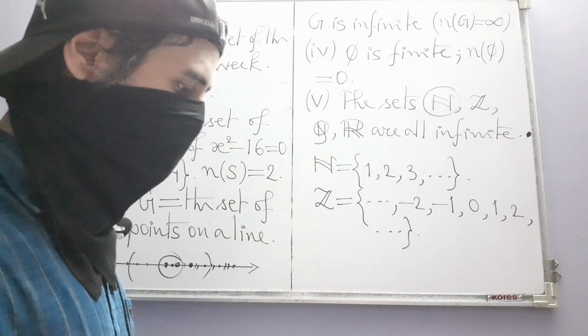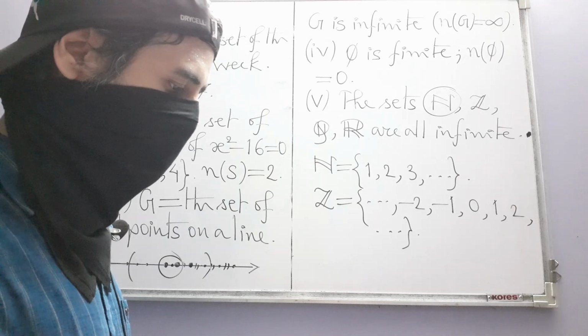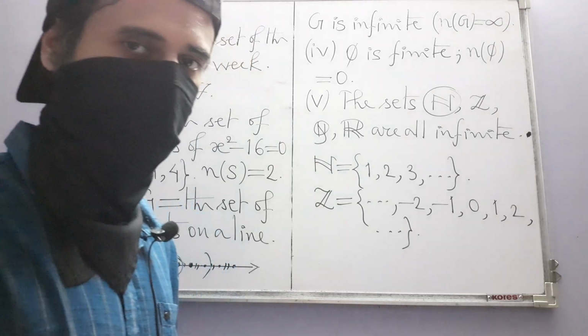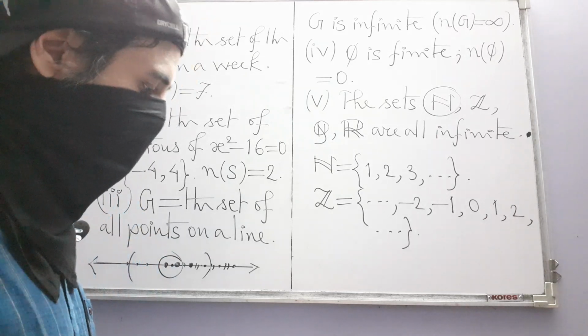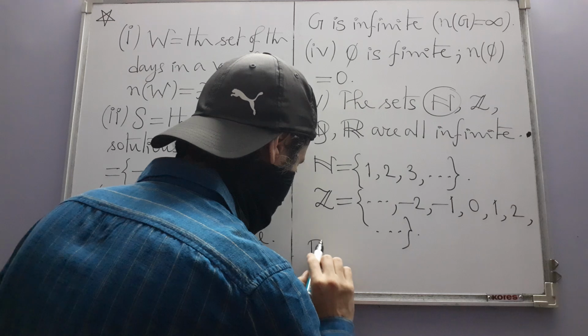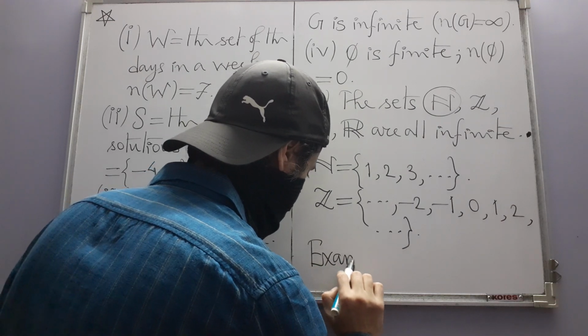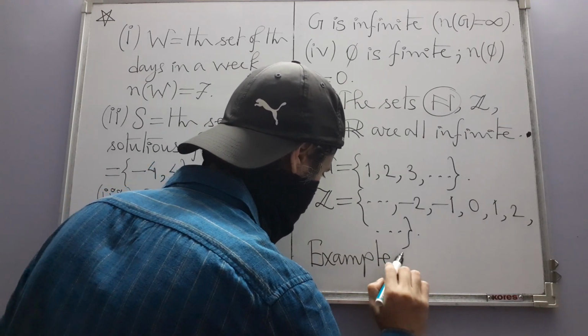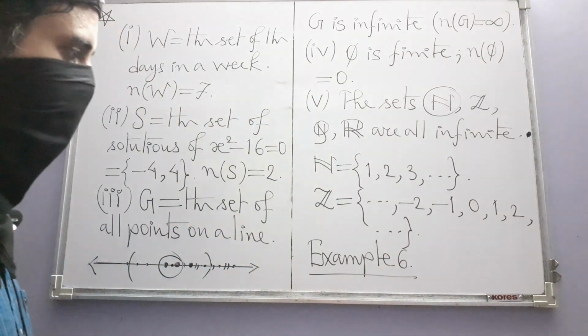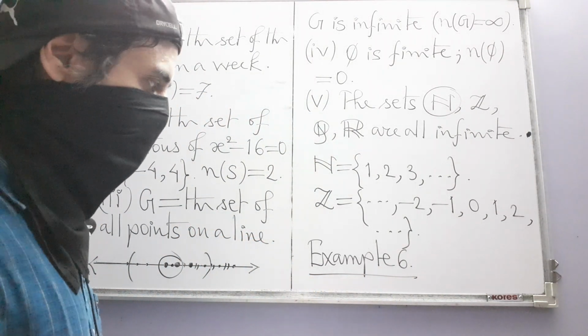And then there is an example of some more sets, and in this example we have to decide whether each one of them is finite or infinite. This is example 6. Maybe some other number in some other book, I don't really know, but that does not matter.